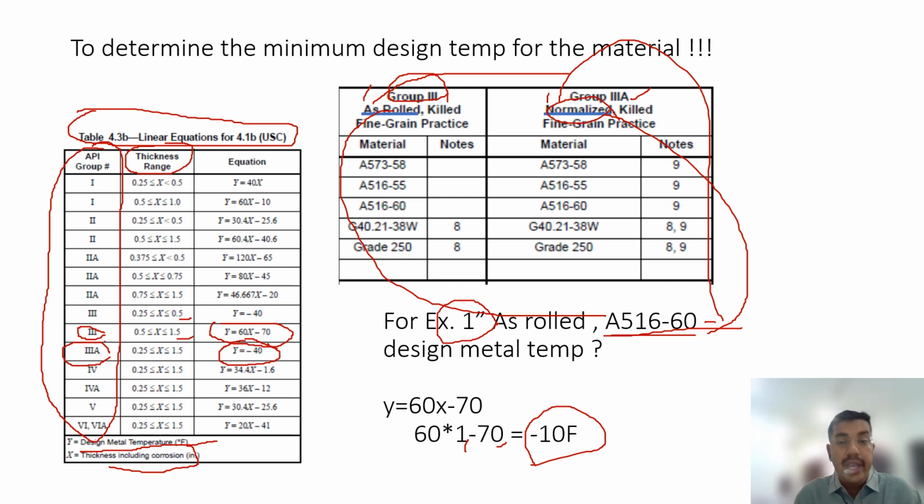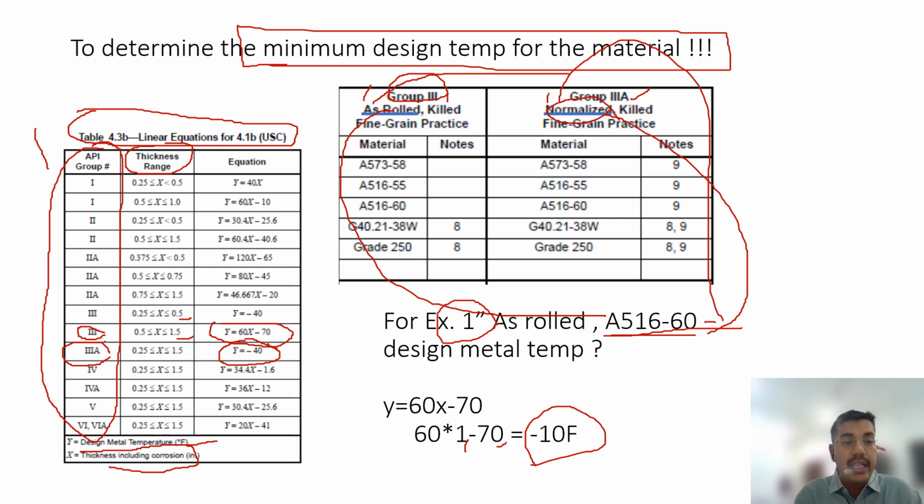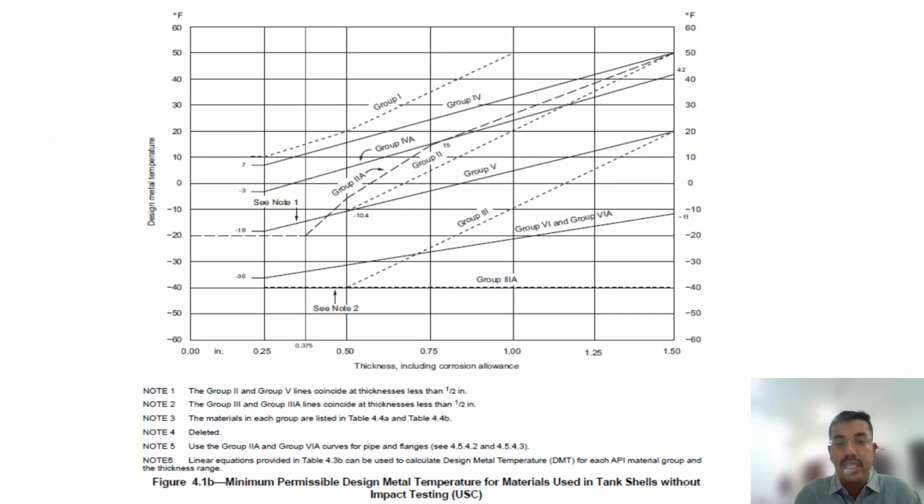There are two ways to find the minimum design temperature of the material. The first way is to get the equation and calculate it. Another way is the chart. In the next slide, you see the chart is here. Once you find the group of the material, let's say Group 3, 4 or 5, you have to check the thickness.